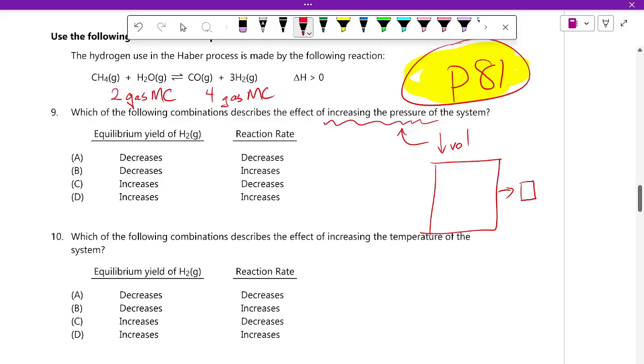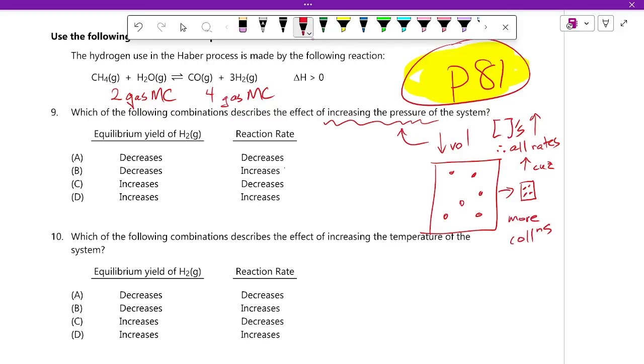And so if we squish it, everything becomes more concentrated. Just like in the last question, all the concentrations increase, therefore all the rates increase because there's more collisions. So far so good?